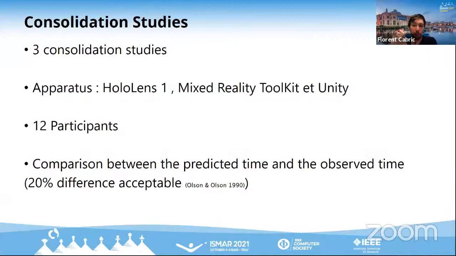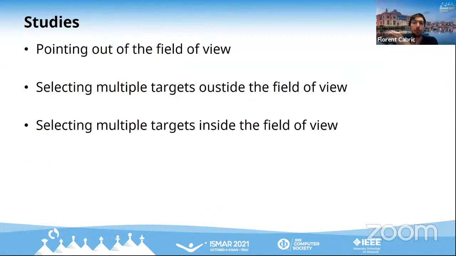We ran 3 consolidation studies and we compared the time predicted by our model to the mean time observed during our experiment. According to Olson and Olson in 1990, the difference must be less than 20% for each task to validate our model. The 3 studies represent common tasks in HMD mixed reality.